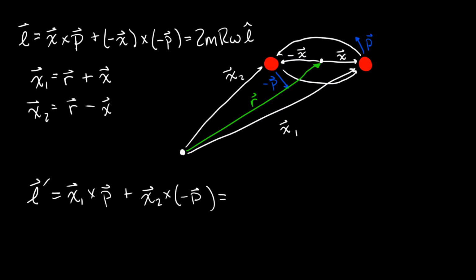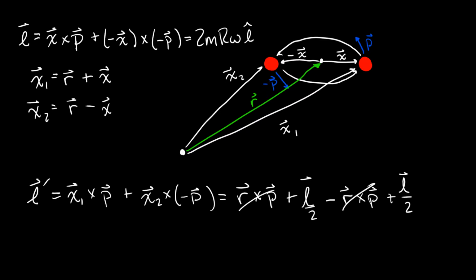Now I can just expand all of this out, and I get something like r cross p plus x cross p, which I'll just call L over 2. And actually this will be minus r cross p plus, again, L over 2. And here we see that these two contributions actually exactly cancel out. And so now, whenever I shift my origin, because of the symmetry of the system, I always have the same angular momentum vector.